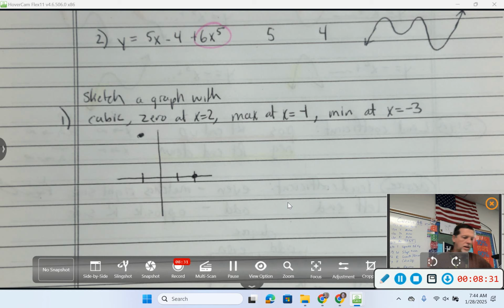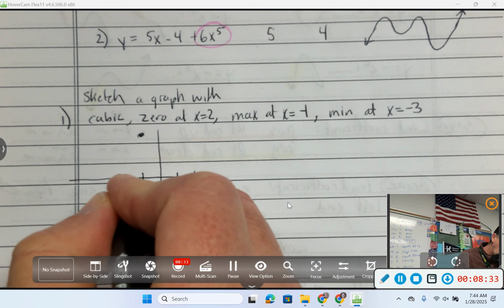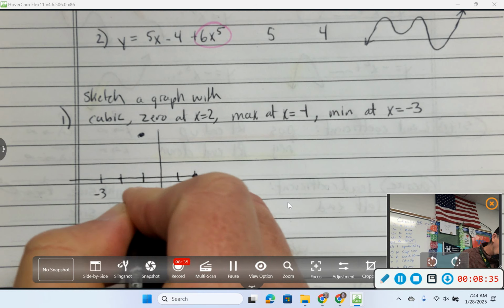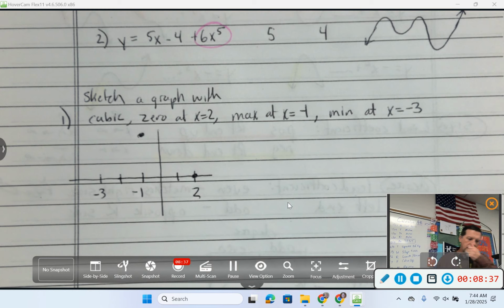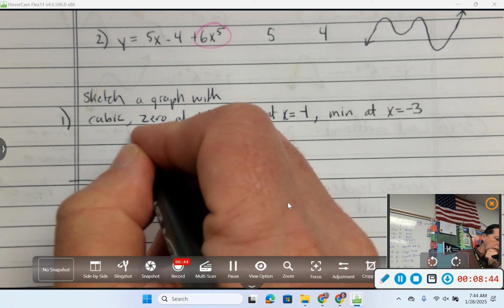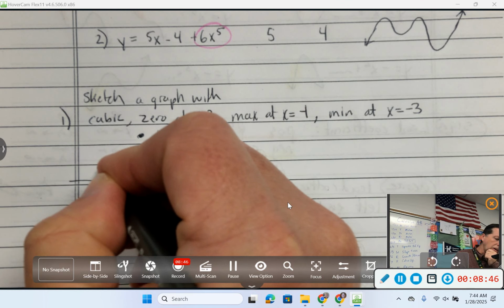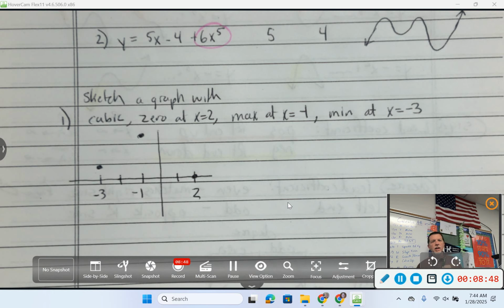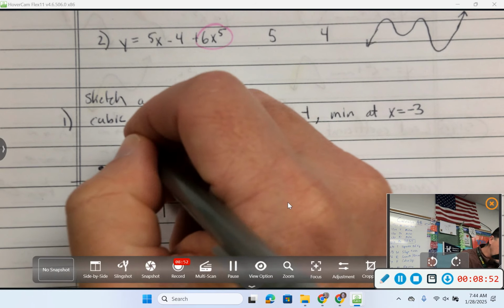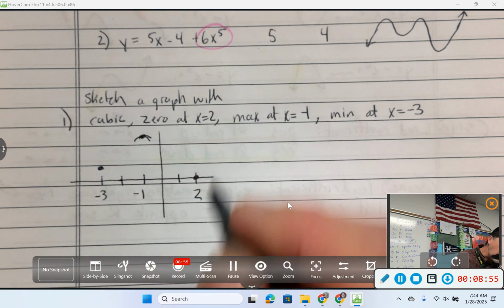And there's a min at -3. So if that's a max, a min's beneath that, down here somewhere. If it's a max, it's the top of a mountain.